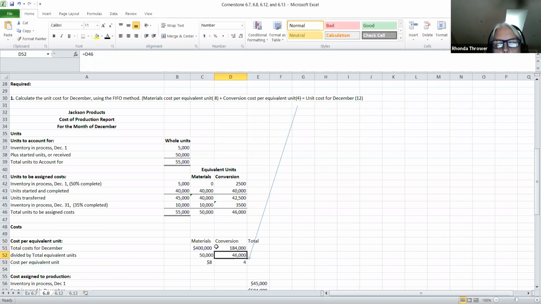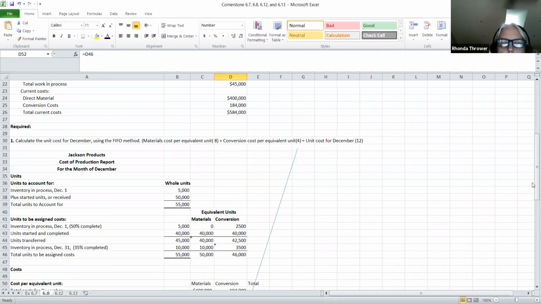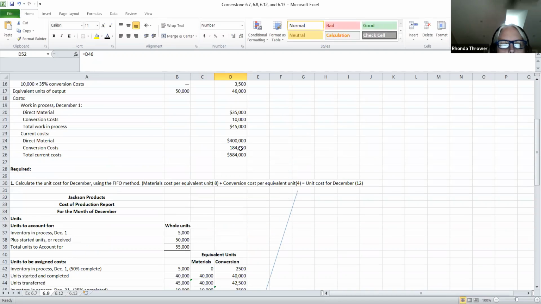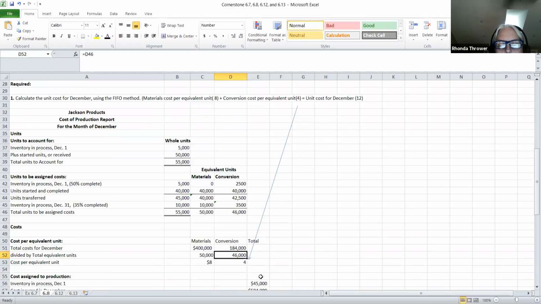It's 184,000. It comes from right here. These are your conversion costs for the month. It was given. When you divide your conversion cost by the equivalent units for conversion, which is 46,000, which I just pulled right down here, this 184,000 divided by 46,000 equivalent units gives you a conversion cost per equivalent unit of $4.